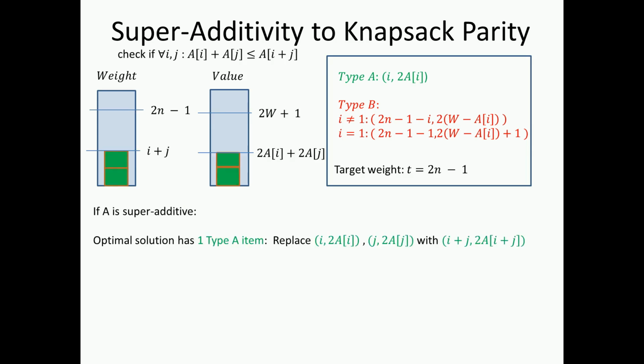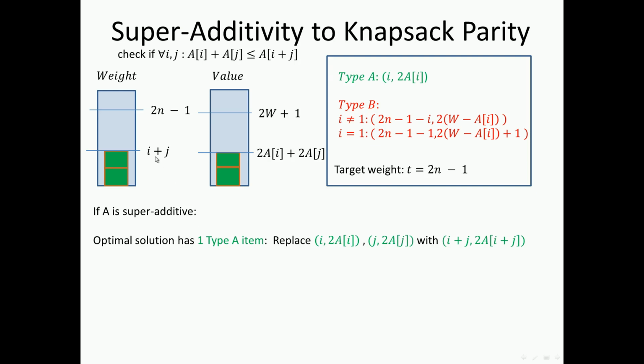So now let's consider the case where A is super-additive, and we want to show that then the knapsack solution is odd. If A is super-additive, then the optimal solution has exactly one type A item, because if we have 2 type A items with indices i and j, we can replace both of these items with one type A item with index i plus j.